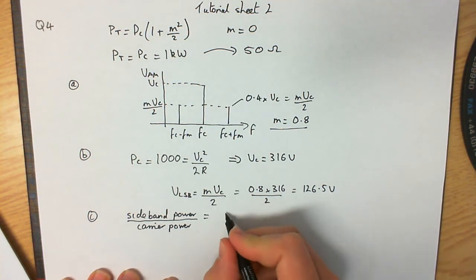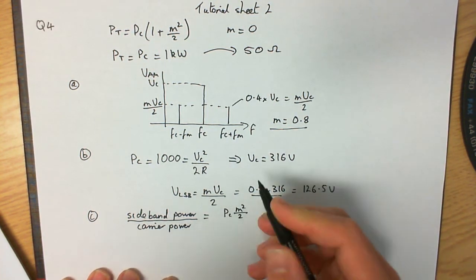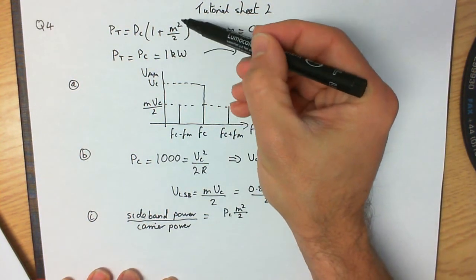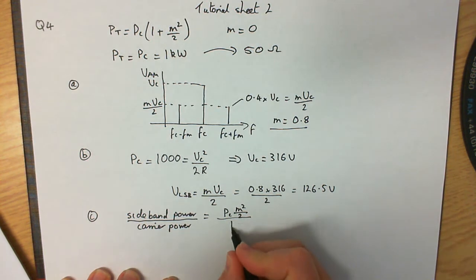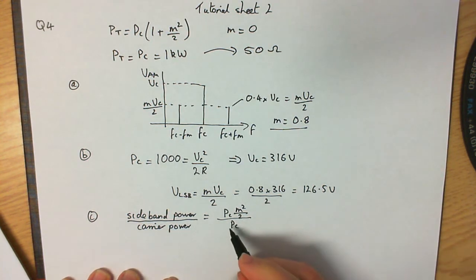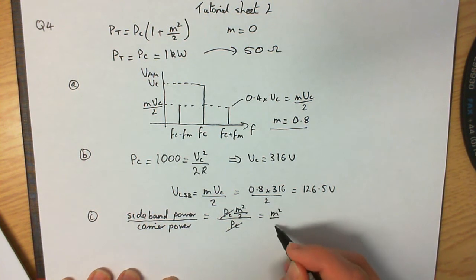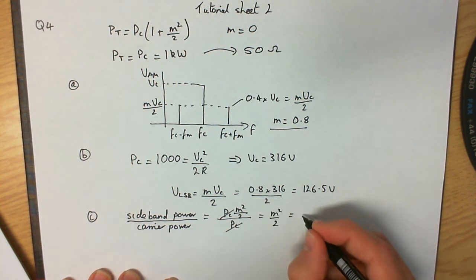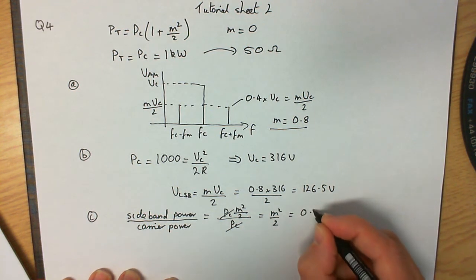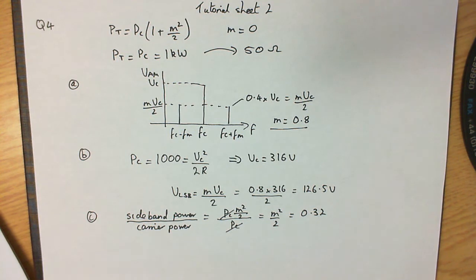Well, the sideband power is PC m squared over 2 from this part of the equation. The carrier power, well, that's just PC. So very simply that cancels, and we get m squared over 2. If you work that out, you get 0.32, which is the answer to part C.